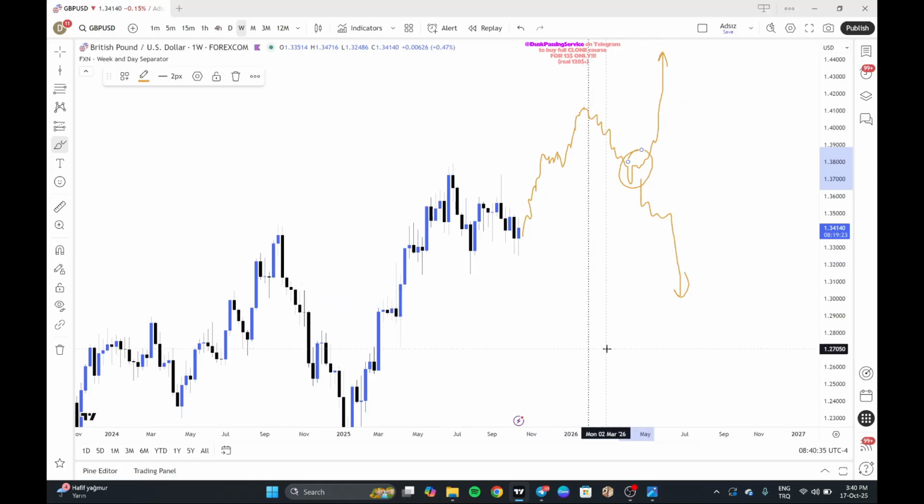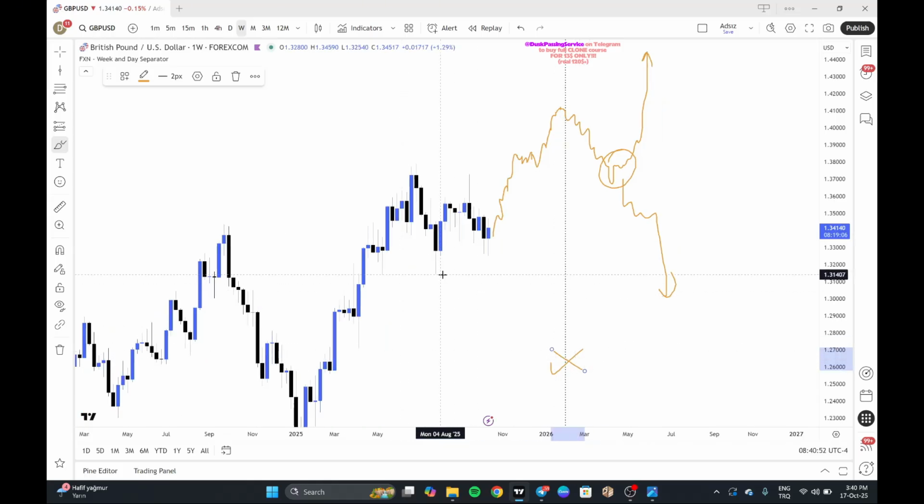Because I marked this line based on the monthly chart, but I don't know how weekly candles will be formed as we approach this monthly time period, or let's say time zone, as I previously taught you in the last video. We can observe a first week here, and maybe a 13th week here, and 21 here, or maybe it's going to be different. We don't know yet. So we need time for that.